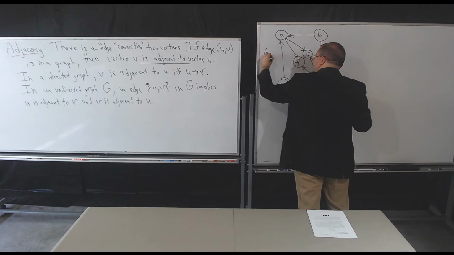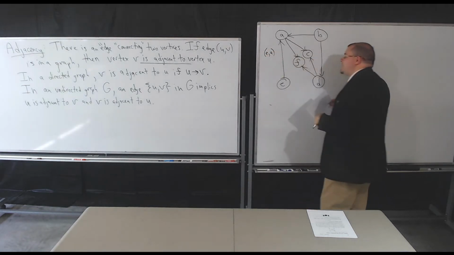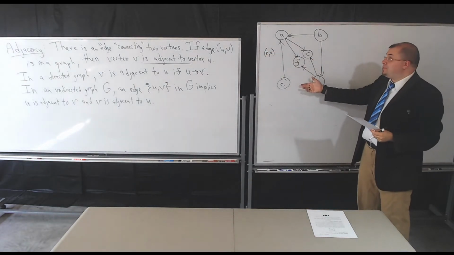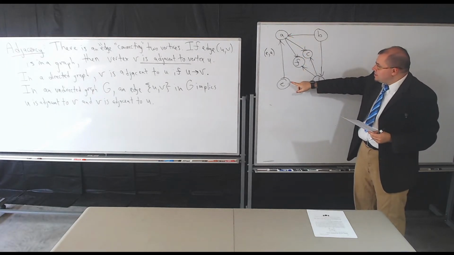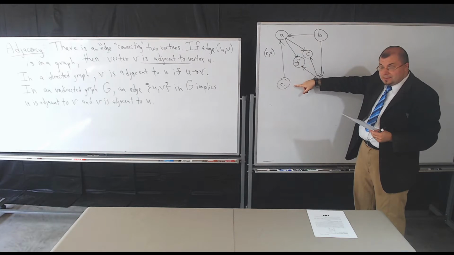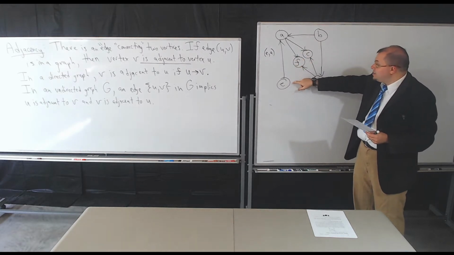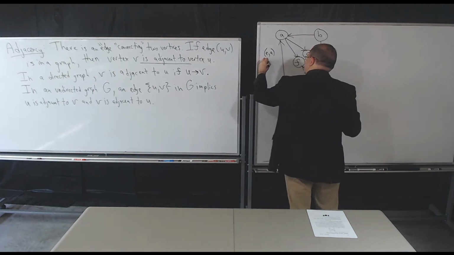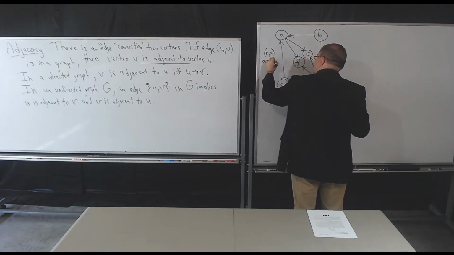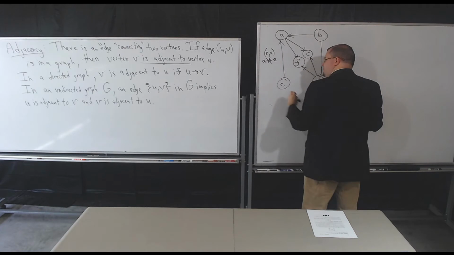Okay. We know that edge exists in this graph, right? So we can't say that A is adjacent. Can we say that A is adjacent to E? Yes, we can. Can we say that E is adjacent to A? No. Because we know that this is not true.